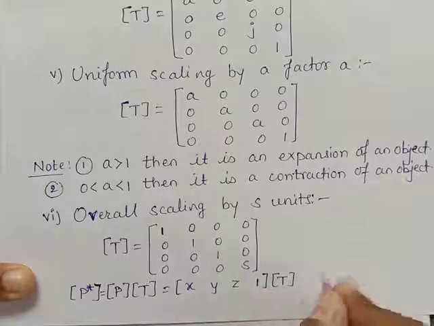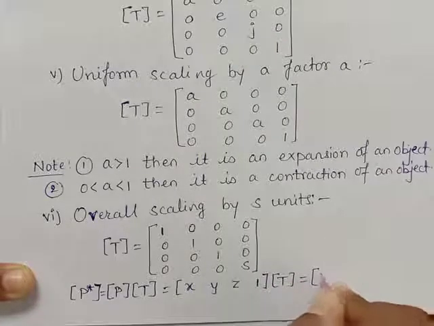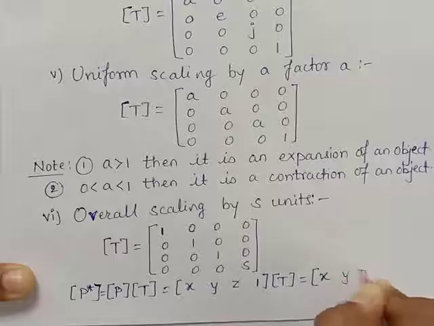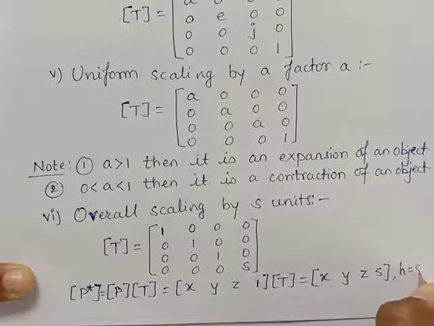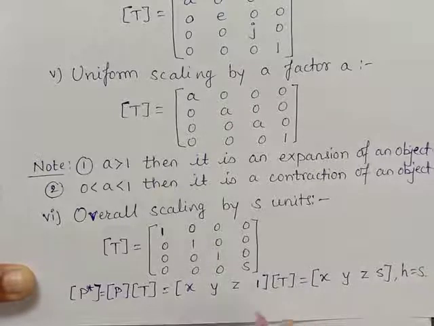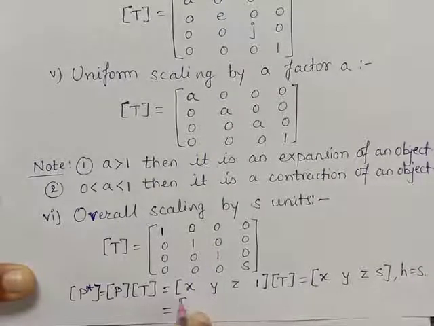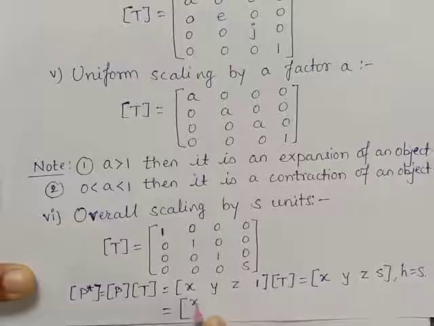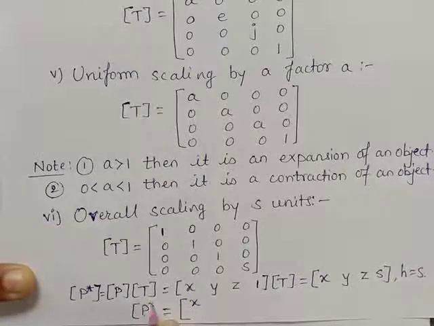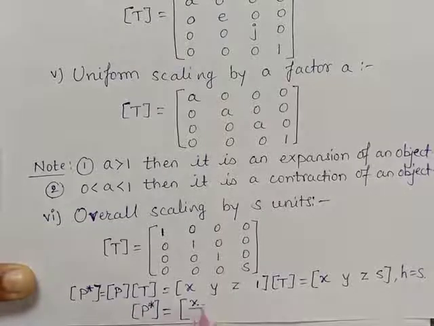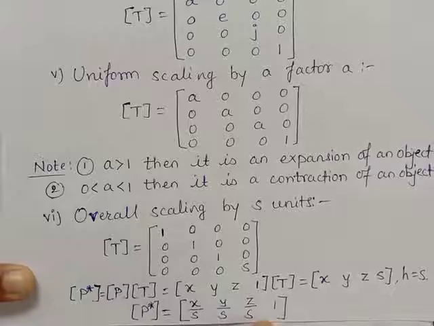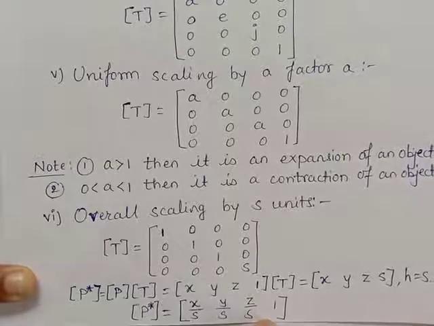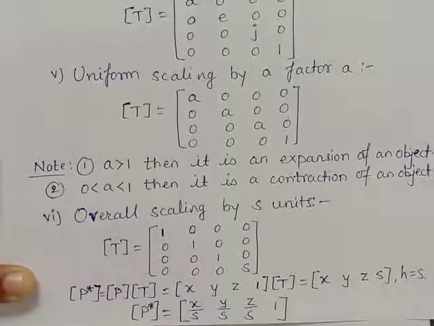If we take this multiplication, you will get x, y, z, S, where h is equal to S. So due to that, we get this point P star, having the coordinates x by S, y by S, z by S and 1 in the original three-dimensional system. The coordinates of P star are as such.